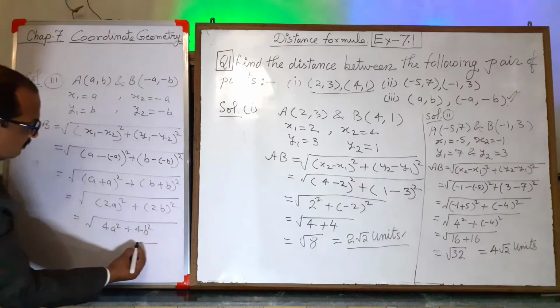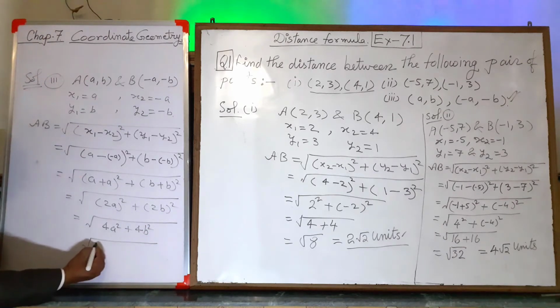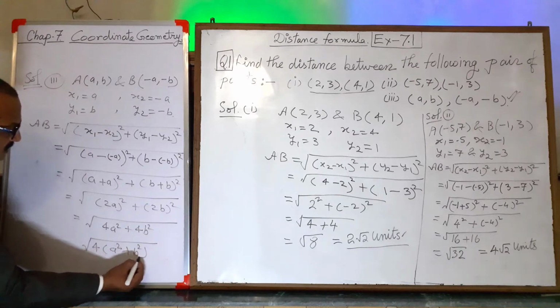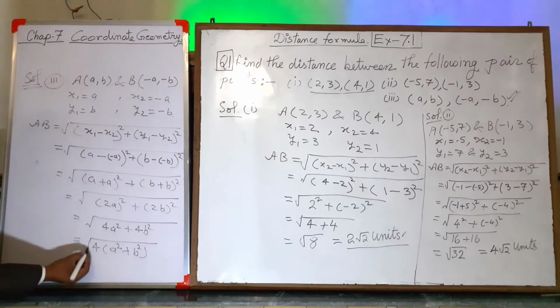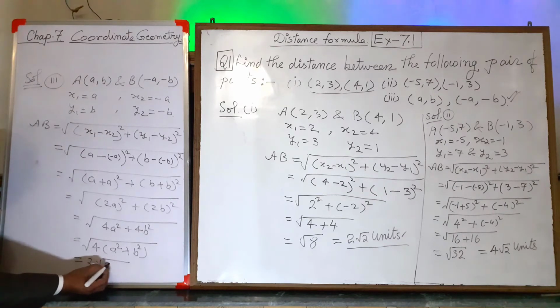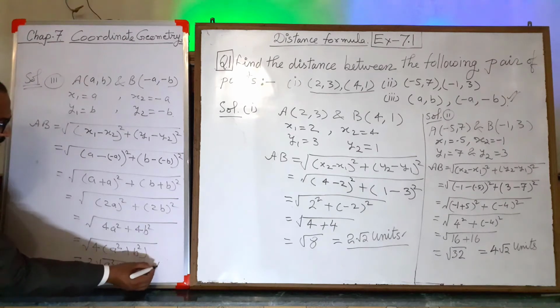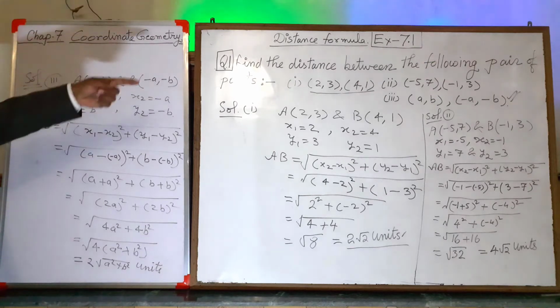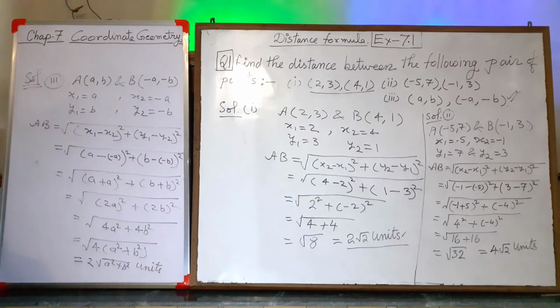You can take 4 common and in the bracket you will get a square plus b square. Now 4 has square root 2, so its value will be 2 times the square root of a square plus b square units. So students, all the parts of question number 1 you can do like this. In this way question number 1 completes.